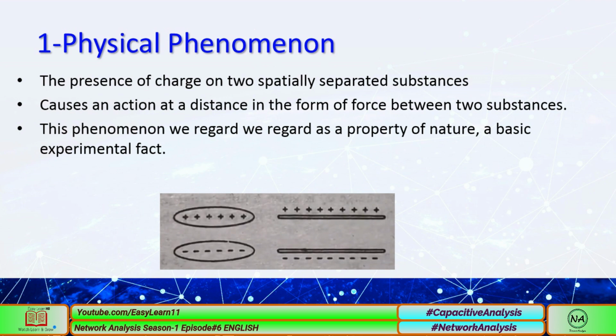But first is the physical phenomena, when we are just looking at the physical behavior. If two charges are brought closer to each other, with no physical contact, no wires connected here or anything else, then what happens?